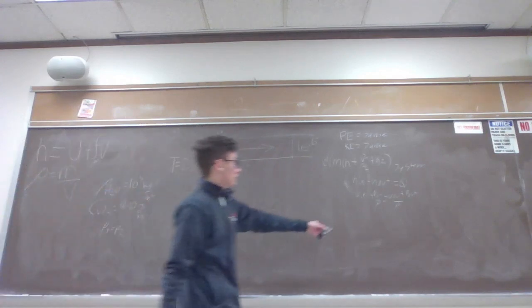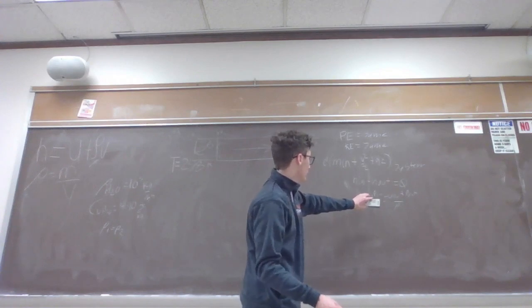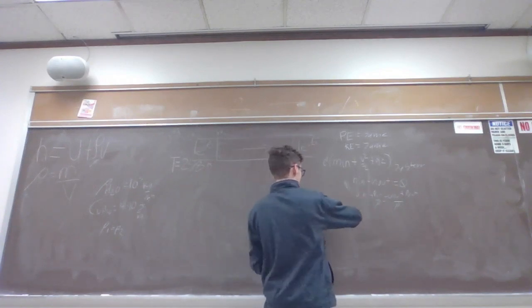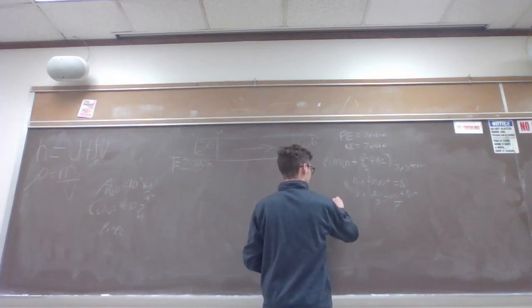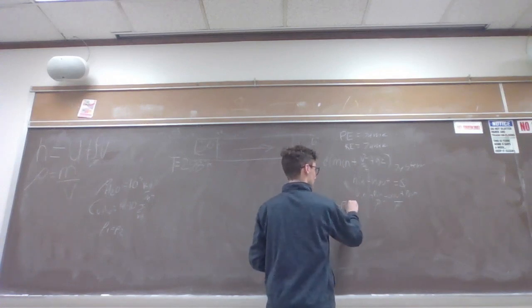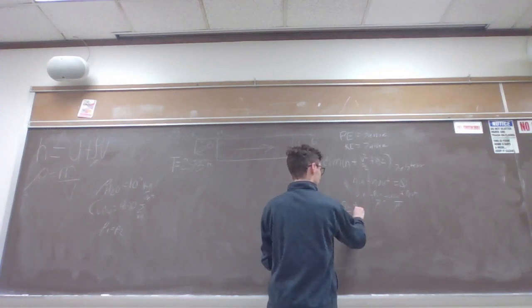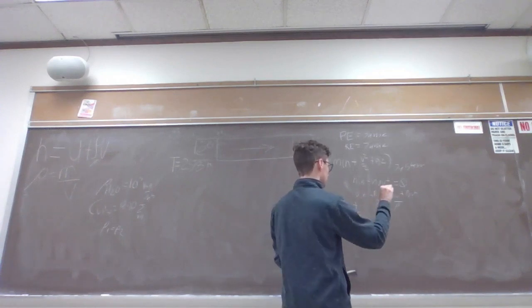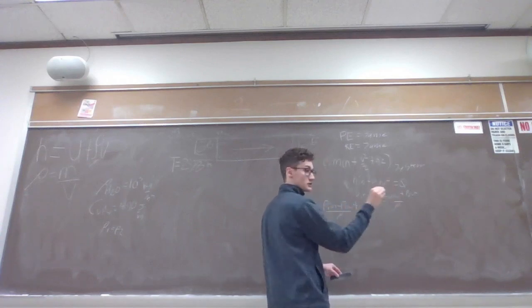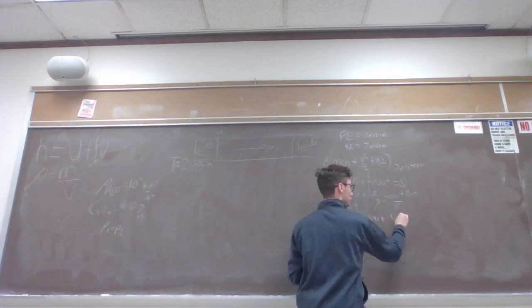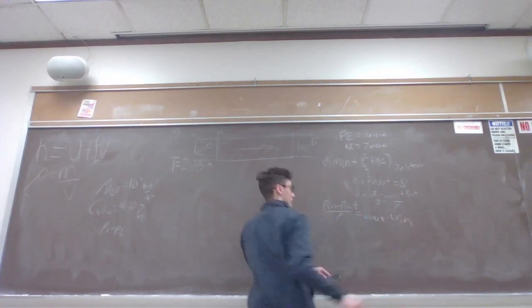And so from here, from us having Uin and then Pin and rho, we would separate terms. So we would get Pin minus Pout over rho, and that would equal Uout minus Uin. So we would have Uout minus Uin, okay?